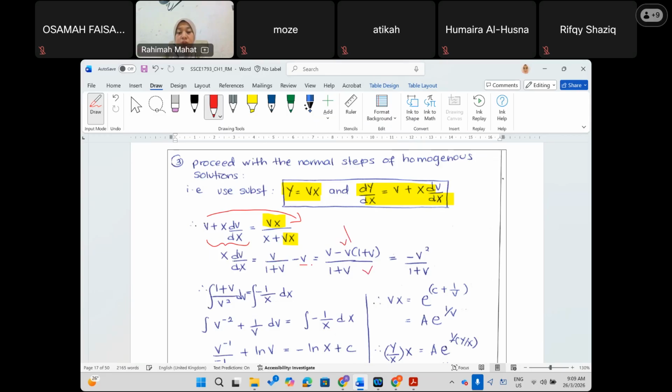This one means that you need to times with 1 plus v, and also this one you times with 1 plus v.